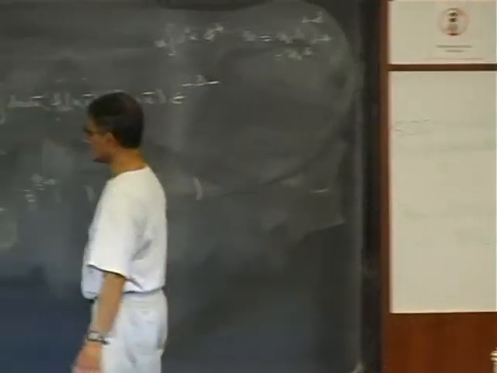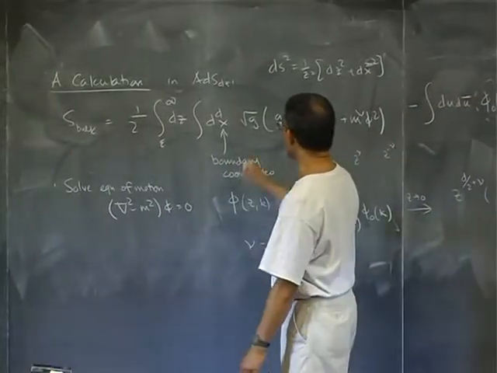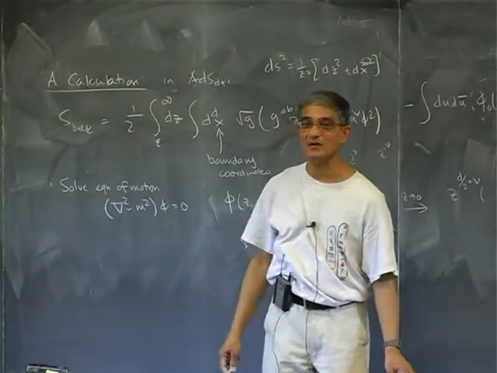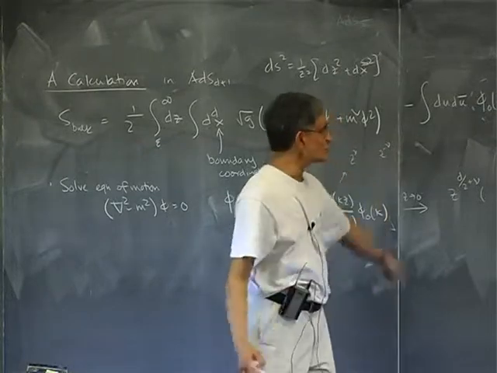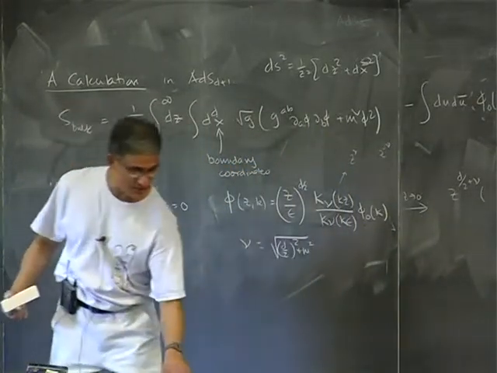So you can just sit down as an exercise, take this solution, plug this back into the action. You will find, pretty much like that particle case, an action which is a function of phi naught of k, and I'll write down what that answer eventually is.